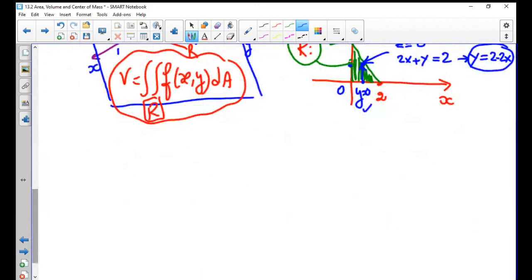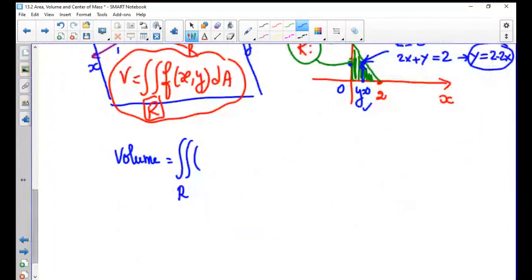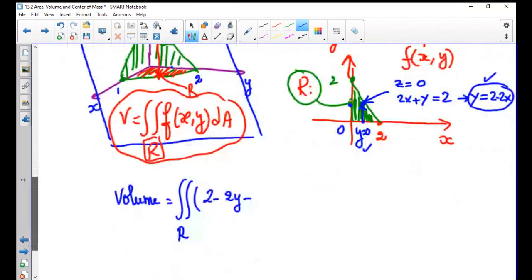So now I can write the volume: double integral over R of the function z, which is 2 minus 2x minus y, dA.